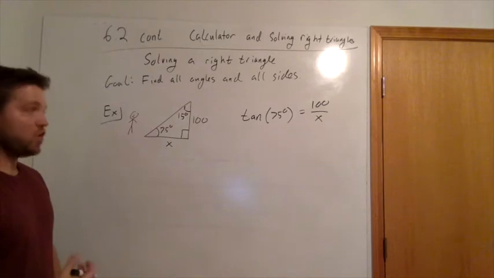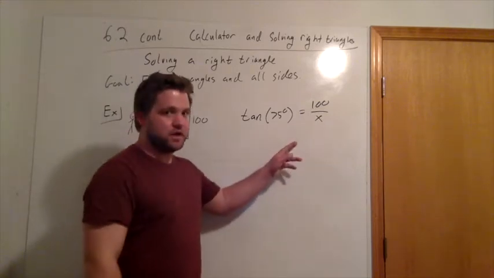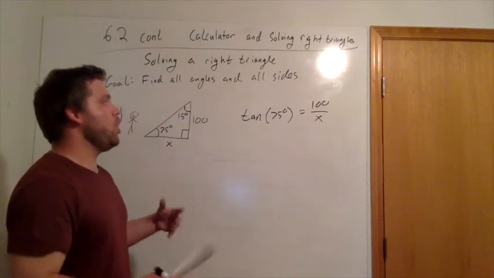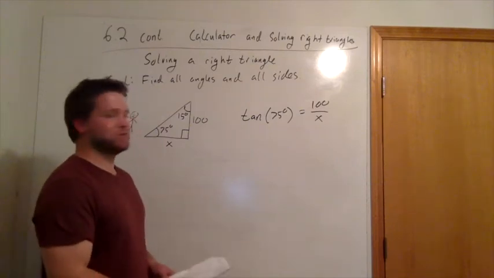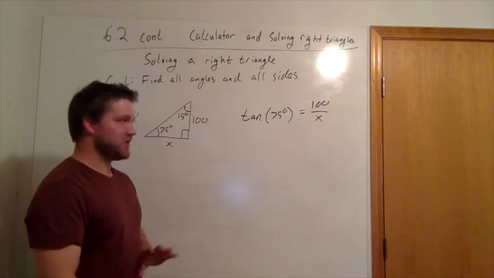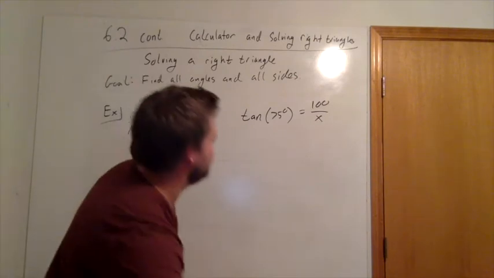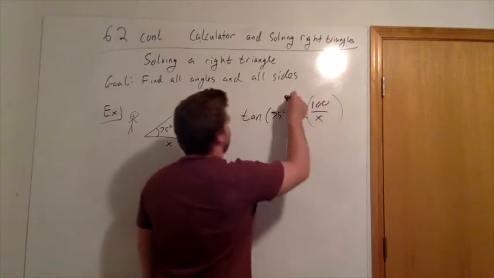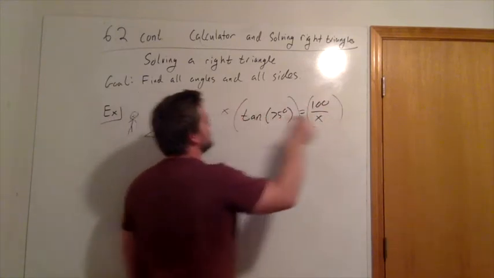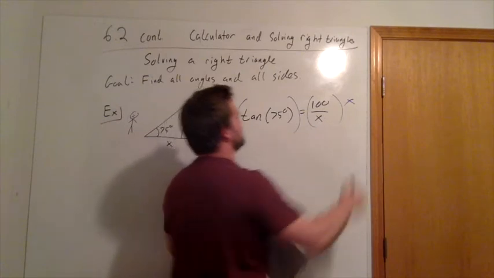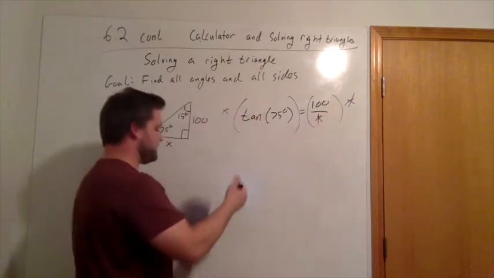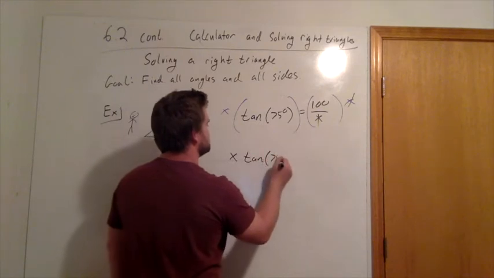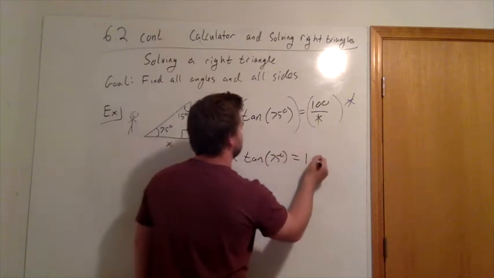Now whenever you see an equation that has a fraction in it, the thing I always want to do is clear the fractions. I've been studying math for a long time, and anytime I can try to avoid fractions, I always do that. So to clear the fractions here, let's go ahead and multiply both sides by x. So these x's here will cancel, and I'll be left with x times the tangent of 75 degrees equal to 100.